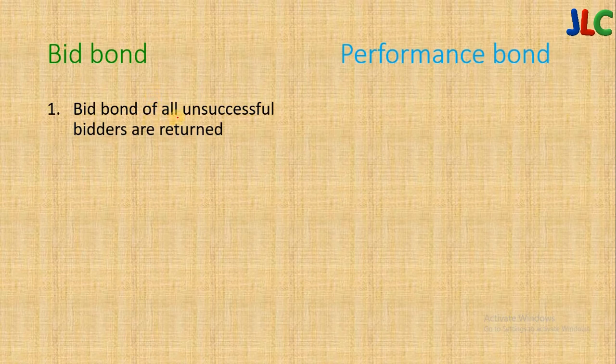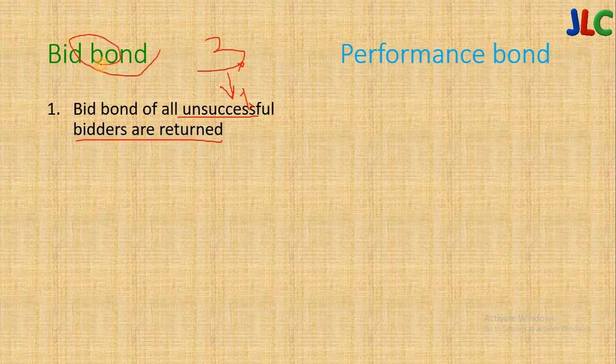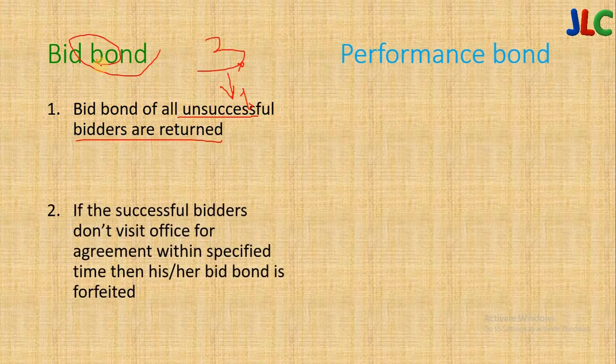Bid bond of all unsuccessful bidders are returned. Suppose there were 3 bidders, only one was selected or one became the successful bidder, then remaining 2 bidders bid bond would be returned. But if the successful bidders don't visit the office on time or says that he cannot perform the work, then his bid bond would be forfeited and the contract would be awarded to the next.